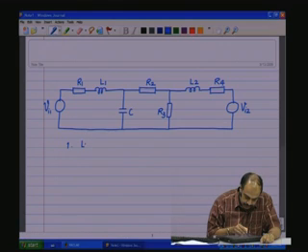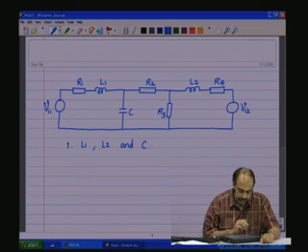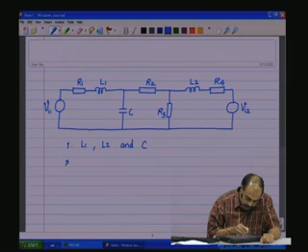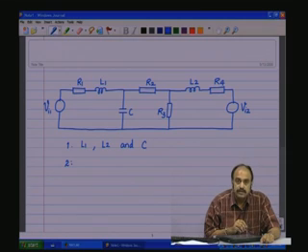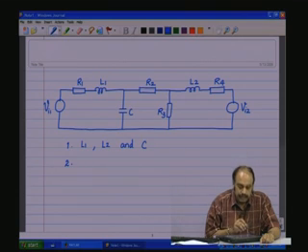So, L1, L2 and C, these are the energy storing elements that we need to be bothered about for the dynamics. And then identify the state variables associated with these energy storing elements.